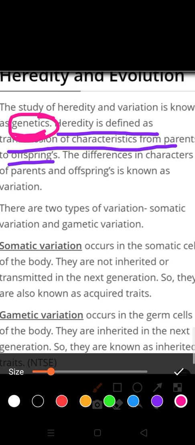Whatever information the parents have is carried by our sex cells. These sex cells, the gametes, are the link between one generation and the next. From the male the sperm, and from the female the ova, the information is carried forward, and when they both fuse with each other, only then the zygote forms.